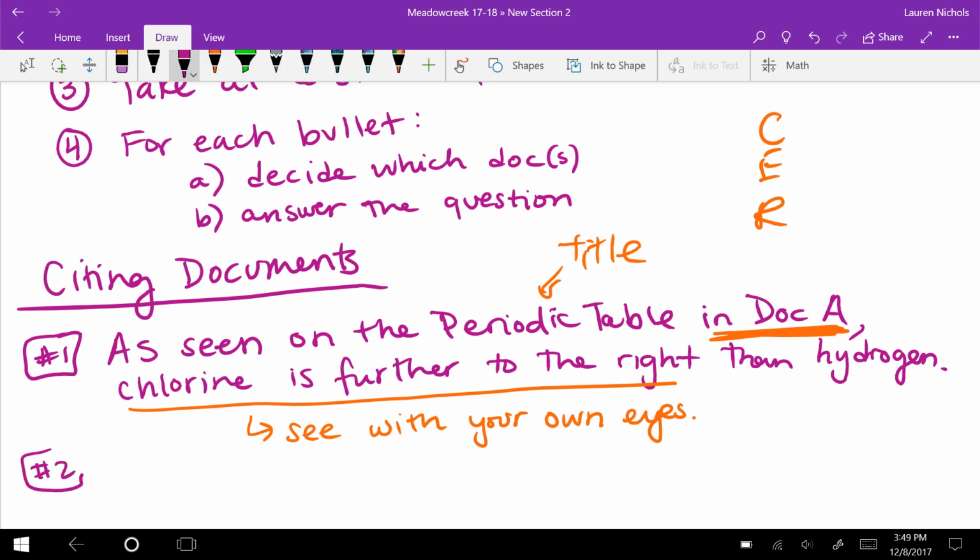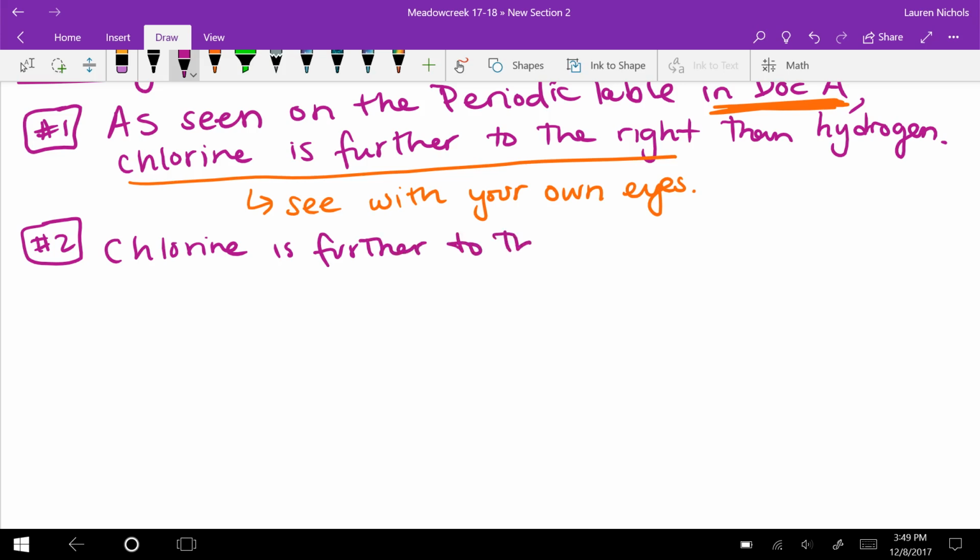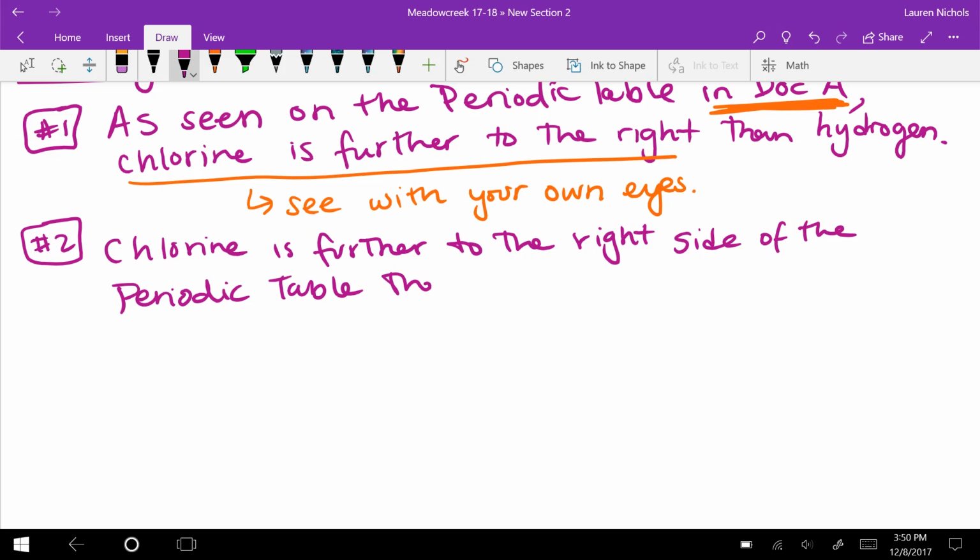And so the second way that we can cite this document is by saying chlorine is further to the right side of the periodic table than hydrogen.